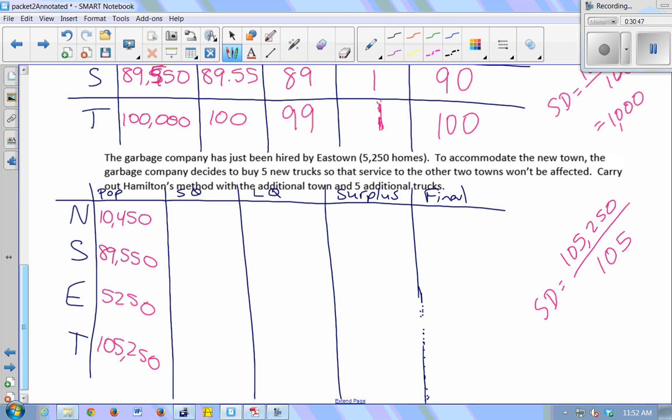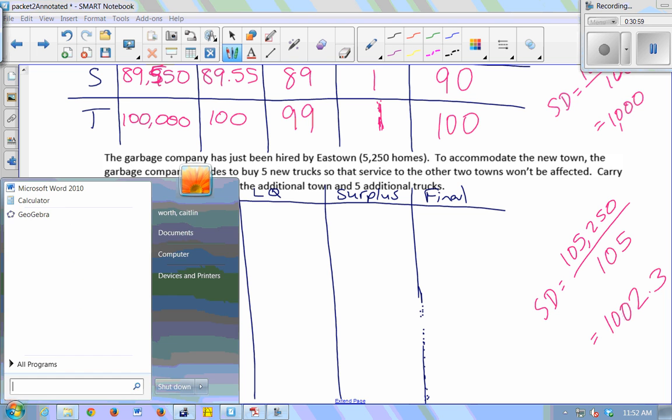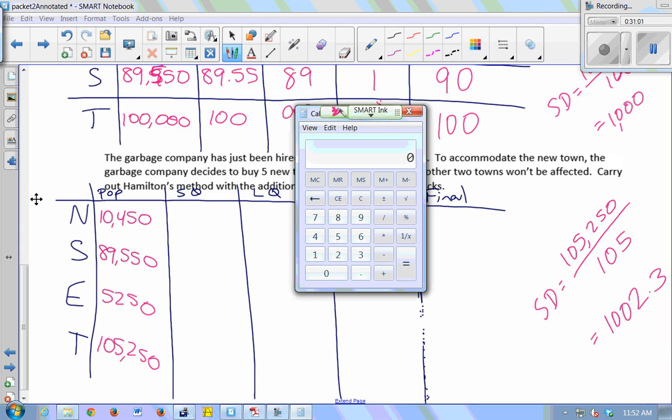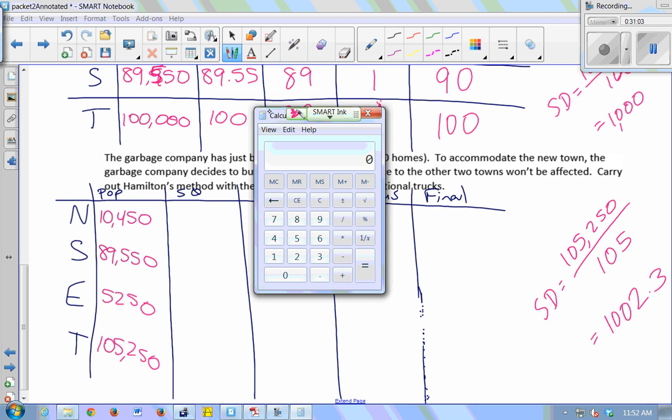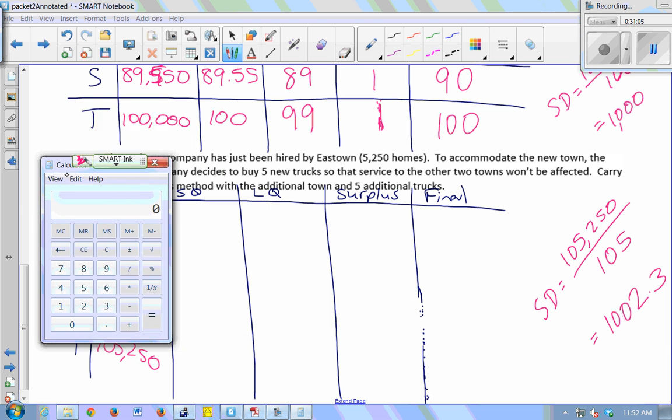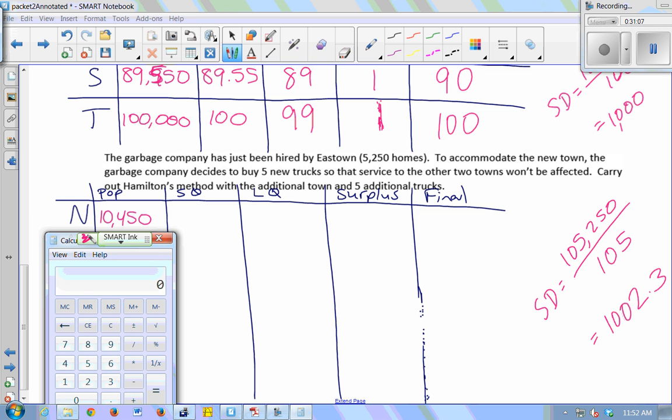And what does that come out to? 1,002.3. Okay. All right, so then I get my standard quotas by dividing each town's population by the standard divisor. So 10,450 divided by 1,002.3 is 10.42.